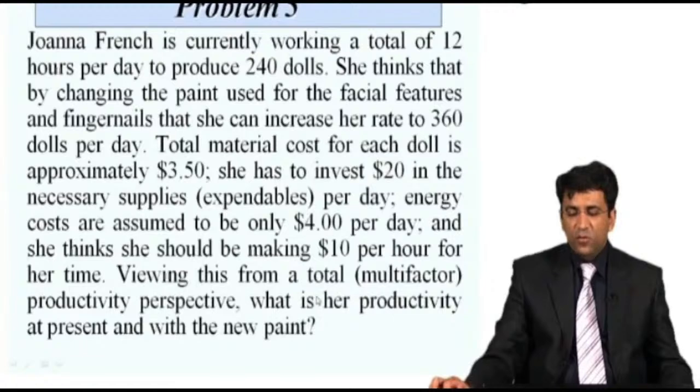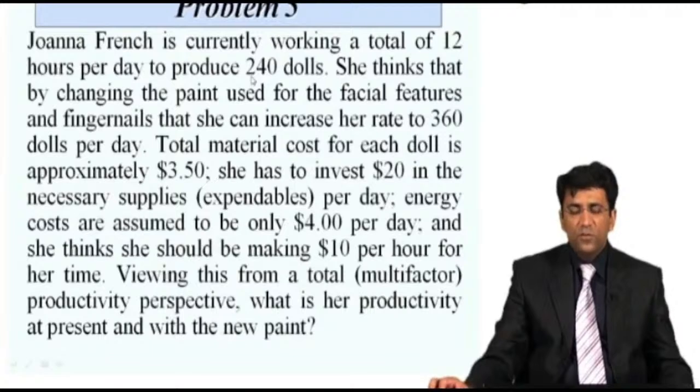Viewing this from a total multi-factor productivity perspective, what is her productivity at present and with the new paint? Now students, we have the different sort of inputs, and output is already given. Again, by extracting the particular information from this example, we can calculate the productivity before and after the usage of the new paint. Before the usage of the new paint, our output will be 240.